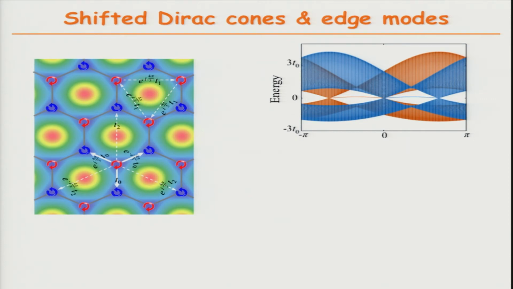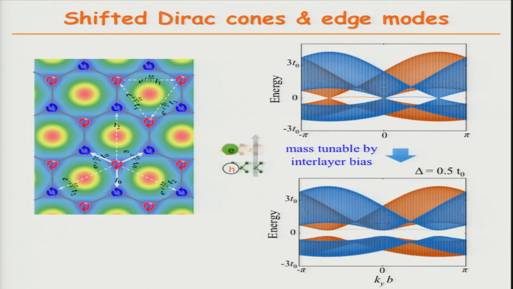And you can also find this branch of topological edge states that connect the two Weyl nodes of each spin species. But because of this shift, the edge states also get separated in the momentum space. So this exciton spectrum can get gapped by applying interlayer bias.